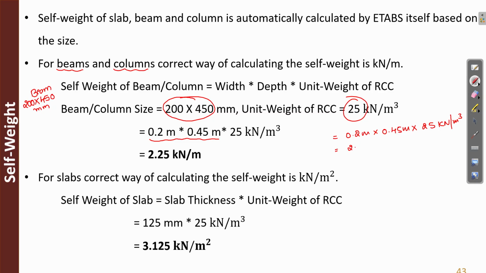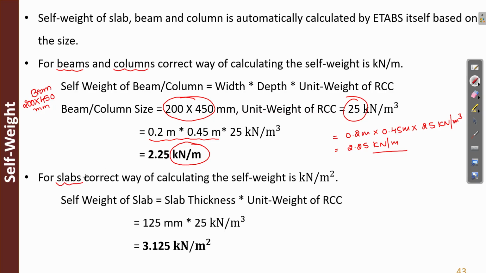So you will get 2.25 kilonewton per meter, which is per meter length, which means this beam 200 by 450 mm will have a weight of 2.25 kilonewton per meter length. Okay, so self weight of beams and columns is calculated as kilonewton per meter.